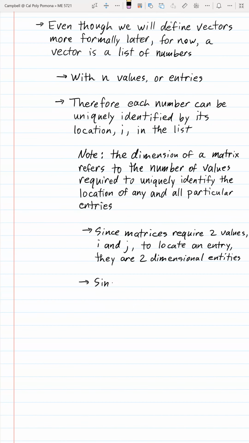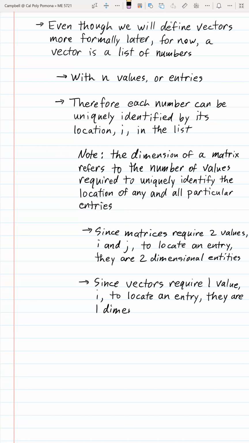And as I also indicated, clearly, since vectors require one value, in this case just i alone, to locate an entry, then clearly they are one-dimensional entities.